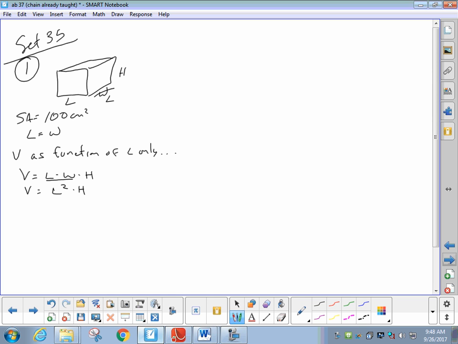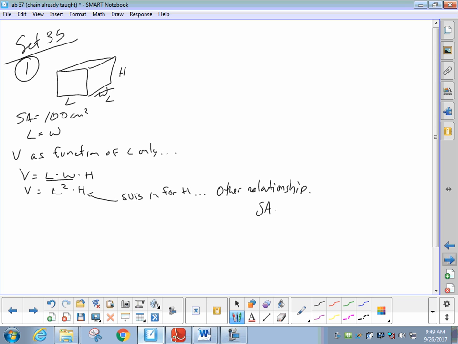Then we get to the hard part. What can I put in for h? It says write V as a function of L only. It doesn't have L only, it has h. So I need to sub in for h. When they ask you that, they'll have to give you some other relationship between the variables. What other relationship besides the volume do they give you?